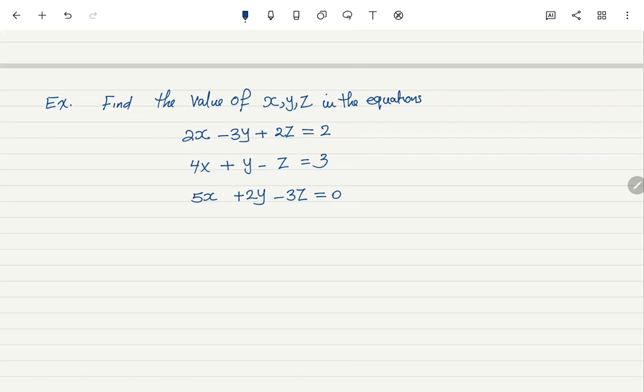Now, before solving this, let's find the determinant D of the coefficients, which equals 2, minus 3, 2, 4, 1, minus 1, 5, 2, minus 3. By solving the value of this determinant, we will find D is equal to minus 17.